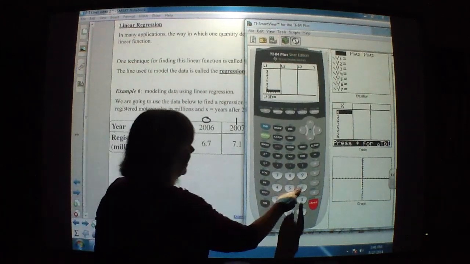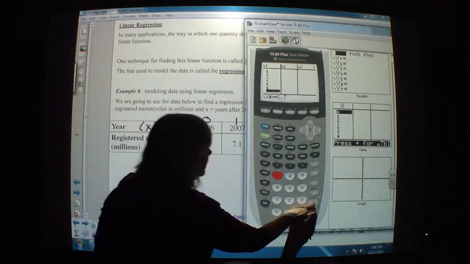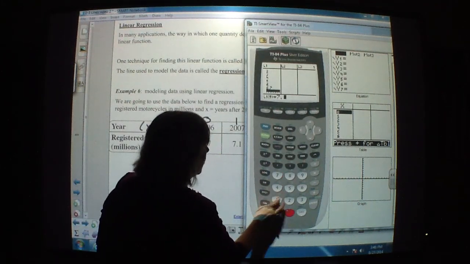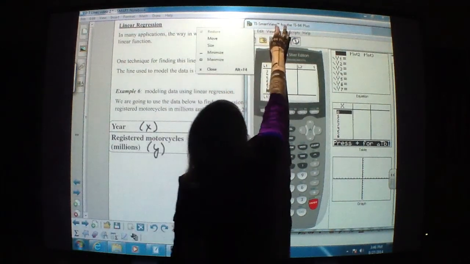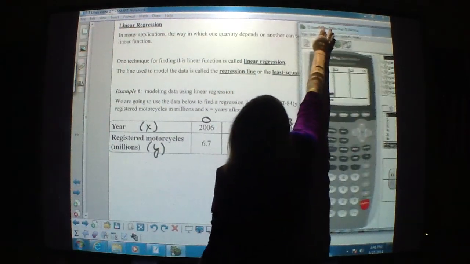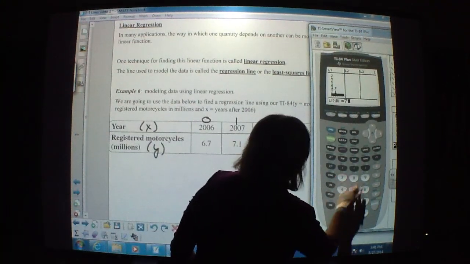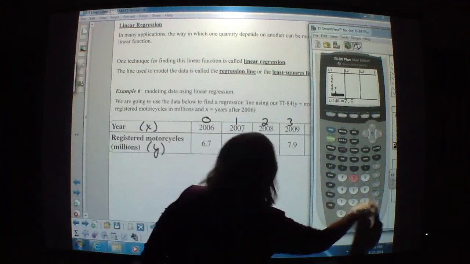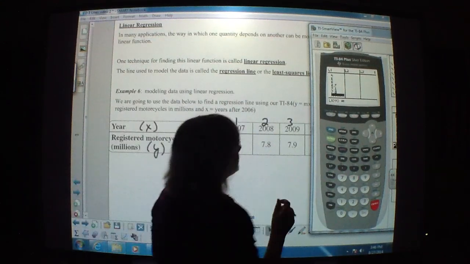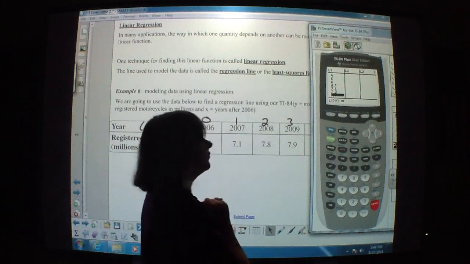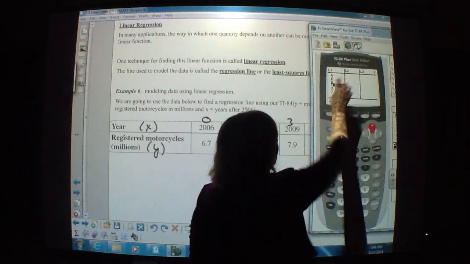And so my y is 6.7, 7.1, moved over a little more, whoops, 7.8, enter, 7.9, oops, I made a mistake here. Look what I did. You see what I did? I don't want it on that same column. I want it on the next column.